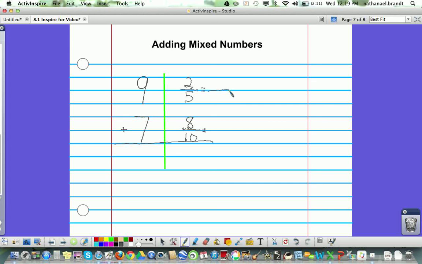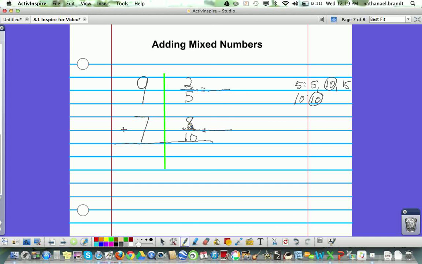So first thing, I have to find a common denominator. Since I would get a really big number for this one, I'm not going to do quick common denominator. I'm going to use multiples. The multiples of 5 are 5, 10, 15. I'm going to stop there because I already see the first multiple of 5 is 10, and that's the same multiple, a common multiple.